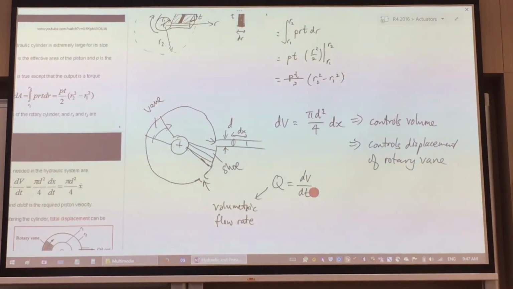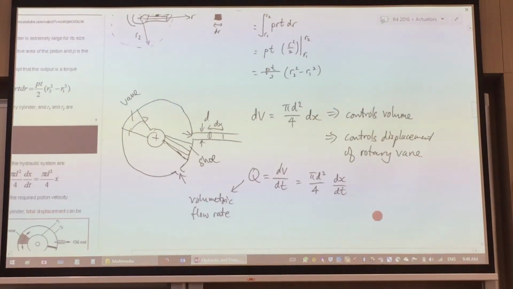So I could differentiate V with respect to time. I'm going to end up with pi d squared over 4, which is a constant, and dx dt. So I could express this as pi d squared over 4 times x dot. The dot means rate of change.